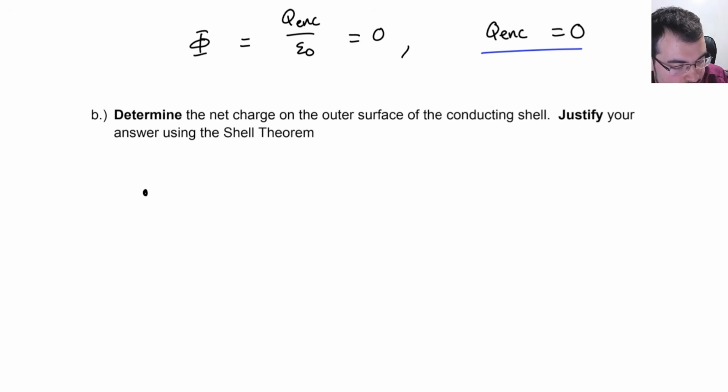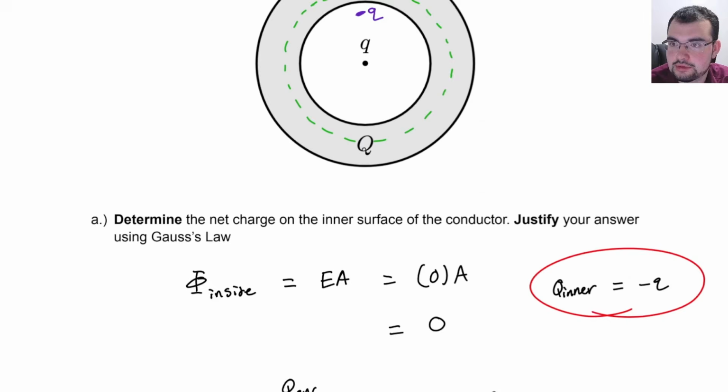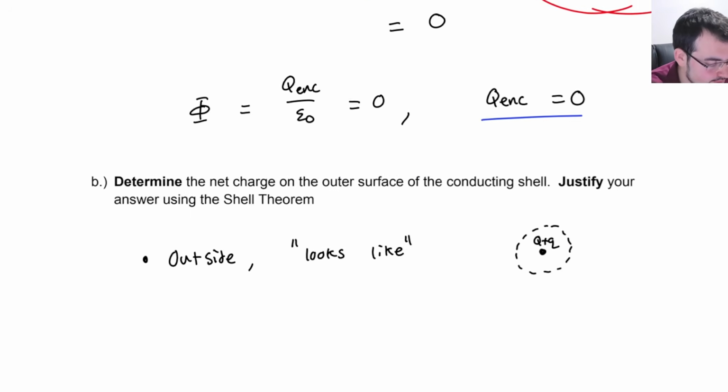So outside, it looks like this, where I shrink it down to a dot, and it holds the net charge of the system. So as a result, that must mean the outer surface holds the net charge of the system.